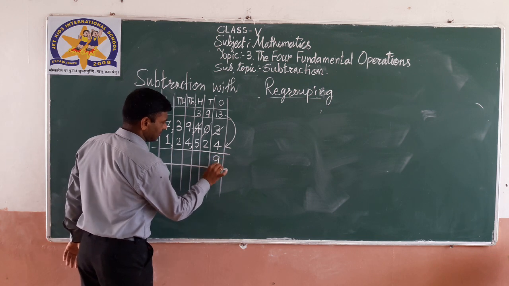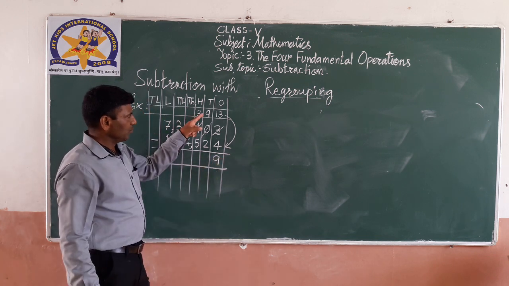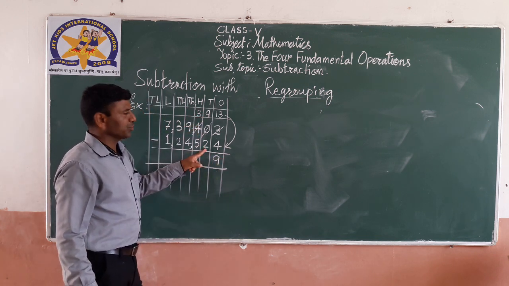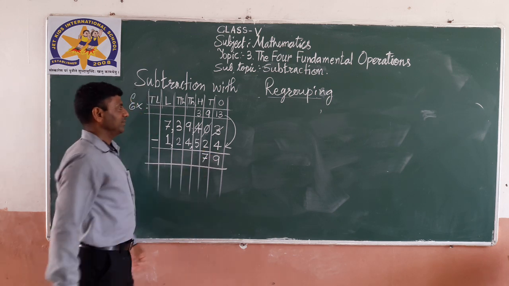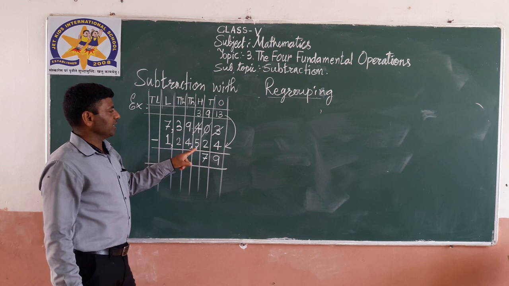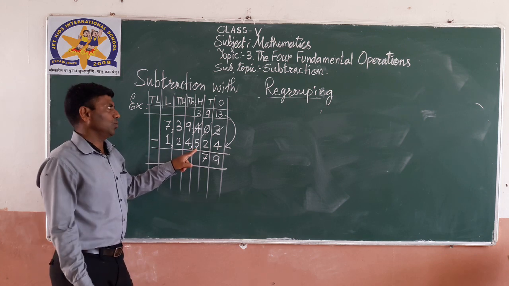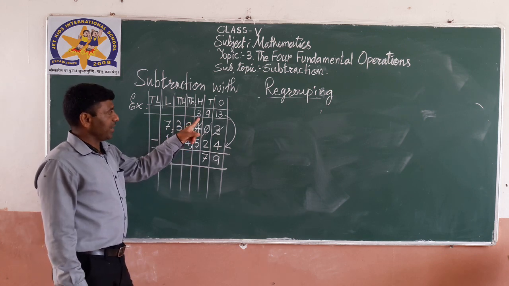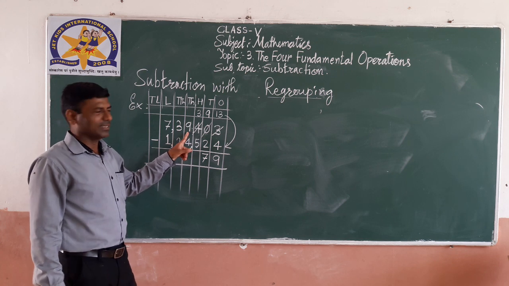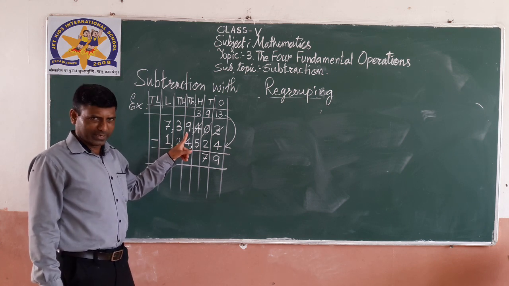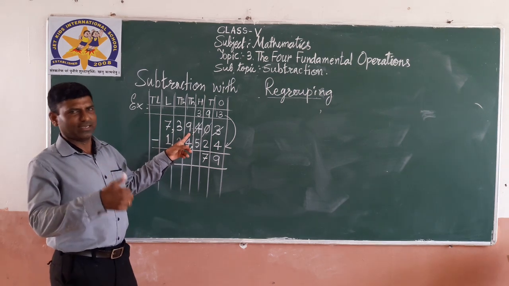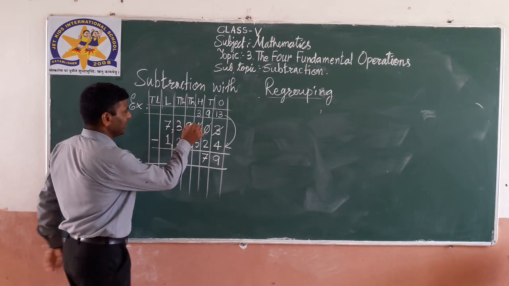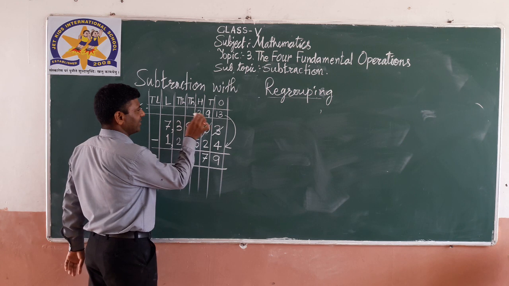So here 9. Now 9 minus 2, 7. 3 minus 5 possible? No. Now he needs. So he went to his neighbor and asked, "Will you please give me some money? I need." 9 is a quite rich person. He said, "Okay, I will give you." So he donated 110.